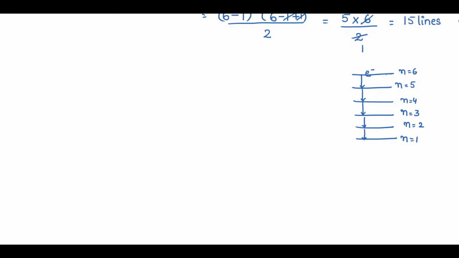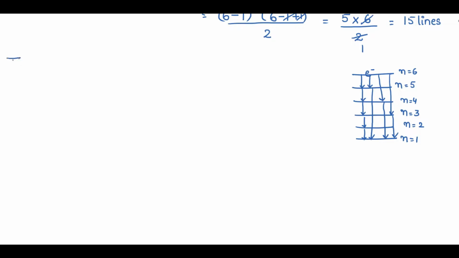Now it is also possible that this electron comes from the 6th orbit to the 5th orbit, then directly to the 1st orbit. Then it can come from the 4th orbit directly to the ground state. Now the 3rd orbit and directly to the ground state. In this way we will have the possible number of emission lines, right?